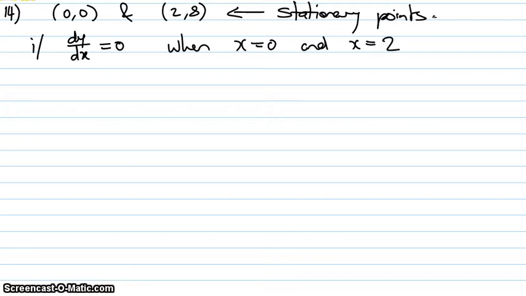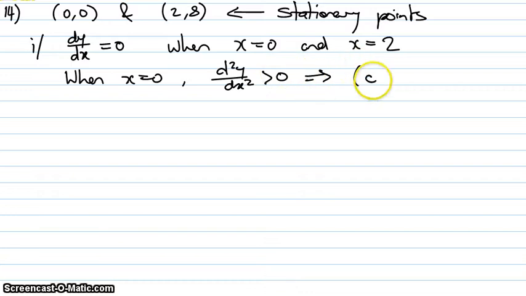How do we do that? Well, we do that by doing a second derivative test. When x equals 0, we can see that d2y/dx squared is greater than 0. So that means that the point (0, 0) is a minimum.